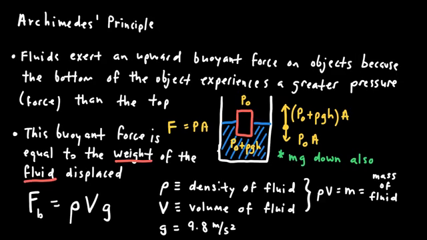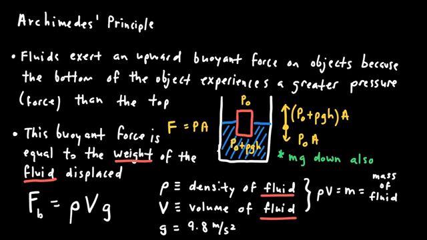So when I write my expression for the buoyant force, Fb, rho represents the density of the fluid, V is the volume of the fluid, and g is gravity, or 9.8 meters per second squared. And again, as I mentioned previously, rho times V, the density times the volume, is the same as m, the mass of the fluid.